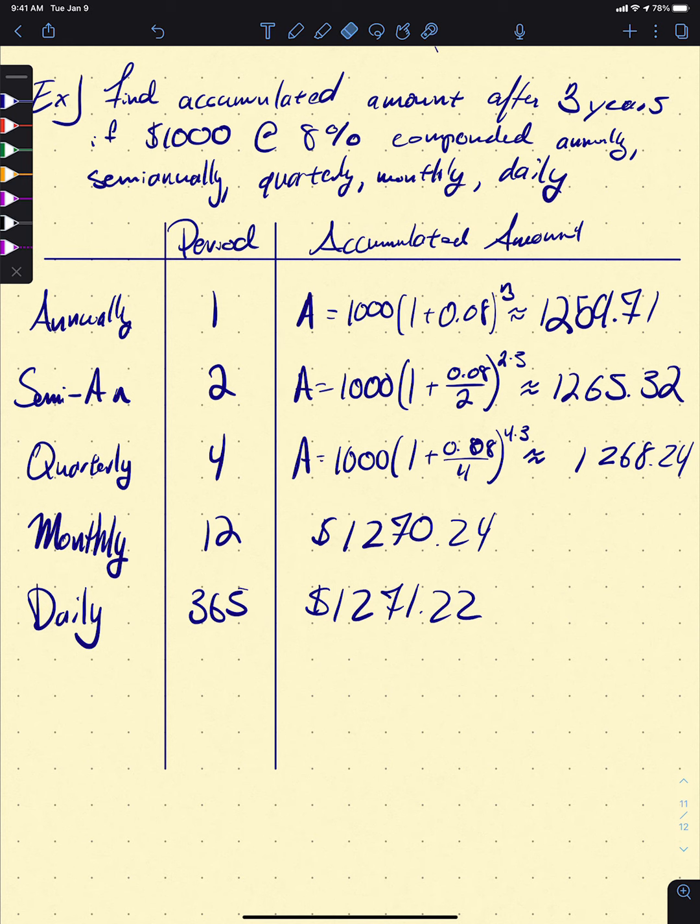Okay, something like what's called an effective interest rate, right? And the effective interest rate is the rate you would need for this to be the case. Okay, and here's how you calculate it. We can find a formula taking t to be 1, right?